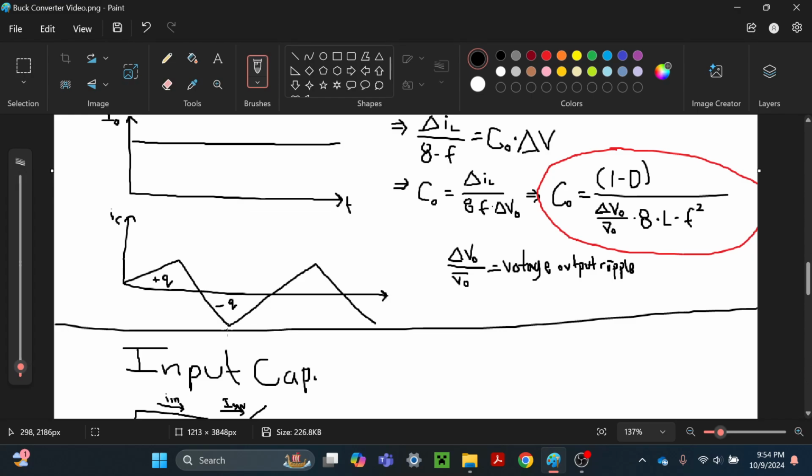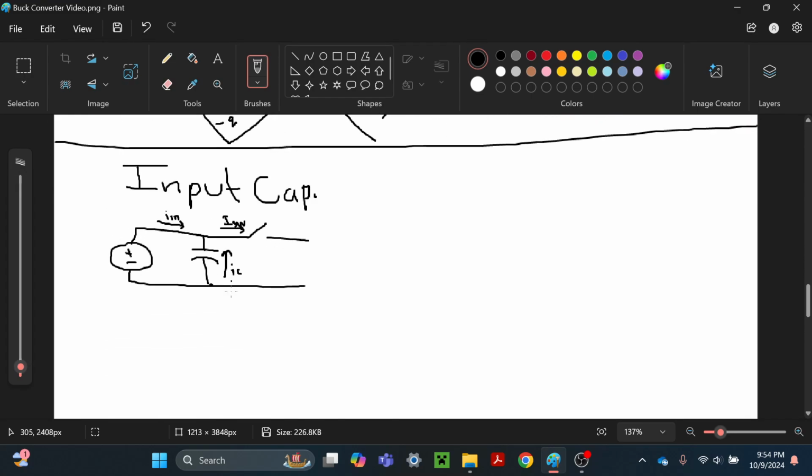So then from our switching sequence, we'll be able to see that this is time, this is IC versus time.